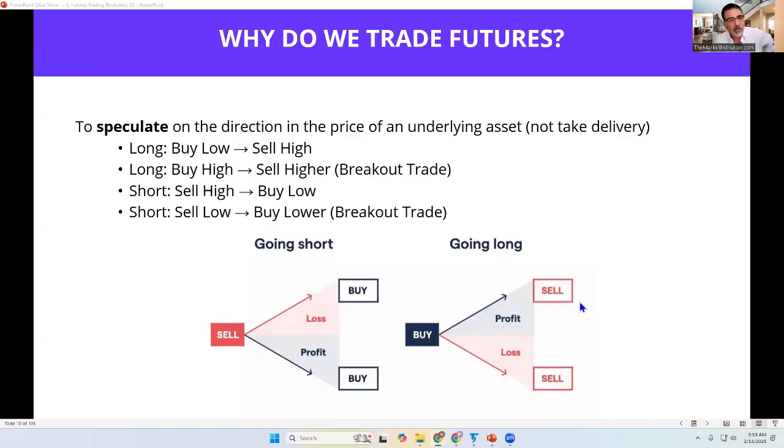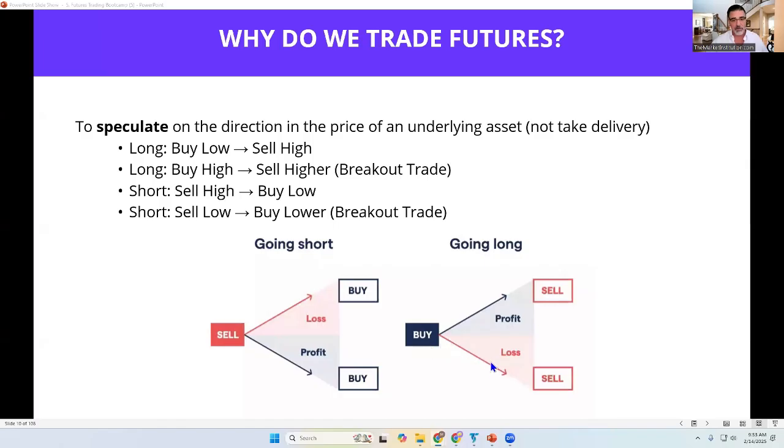So when we are trading futures, we have the ability to go long, and we have the ability to trade to the downside. If we sell it and price goes up, we'll look for the loss. If we sell it and price goes down, we're going to profit from that. If we go long and buy the futures product, we're looking for profit to the upside.